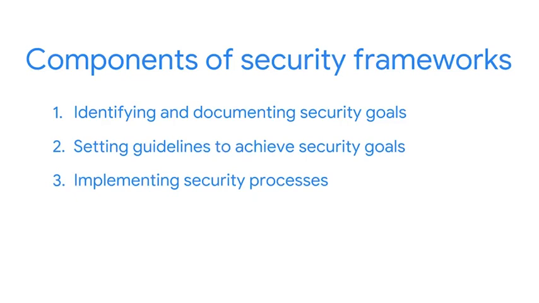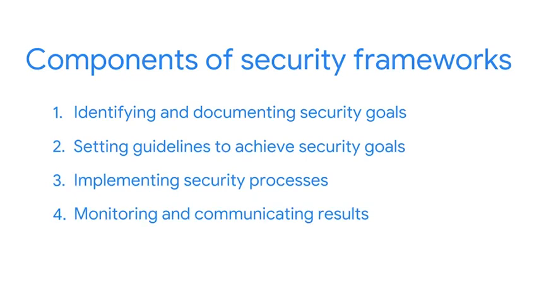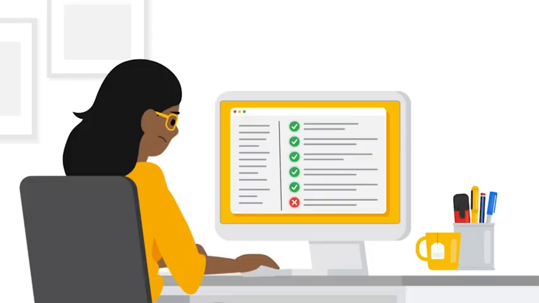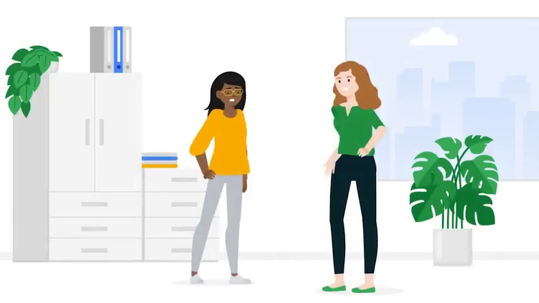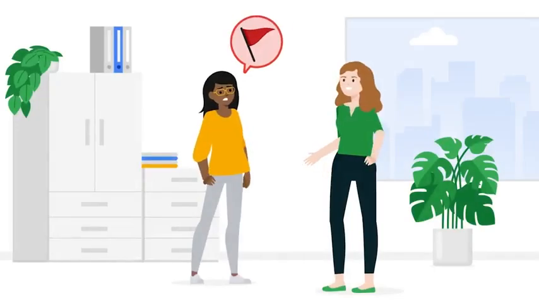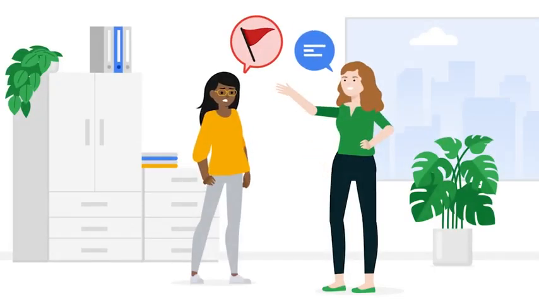The last core component of security frameworks is monitoring and communicating results. As an example, you may monitor your organization's internal network and report a potential security issue affecting GDPR to your manager or regulatory compliance officer. Now that we've introduced the 4 core components of security frameworks, let's tie them all together.